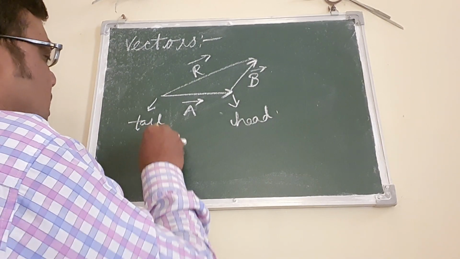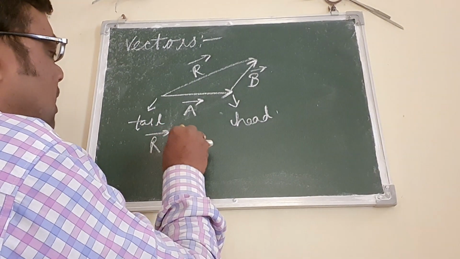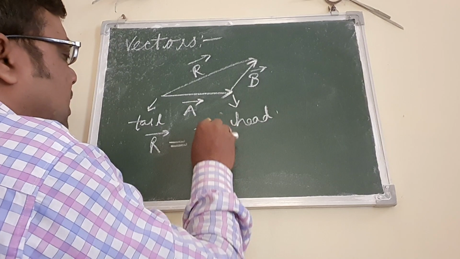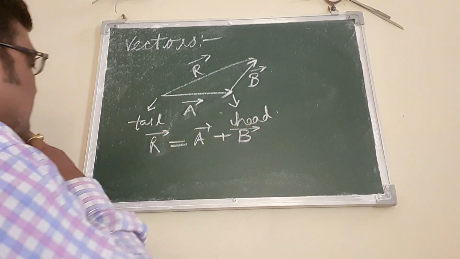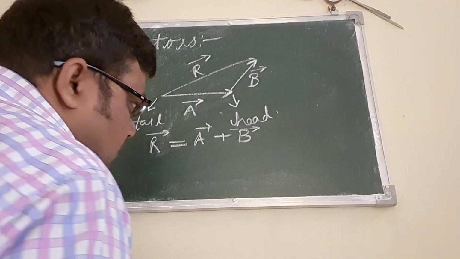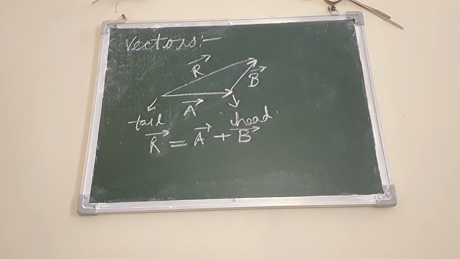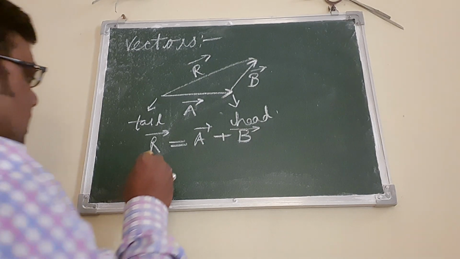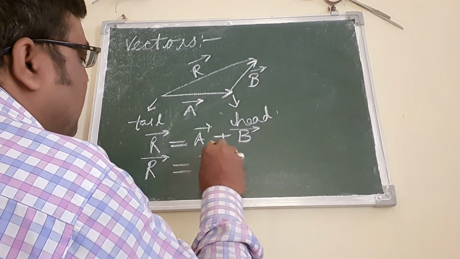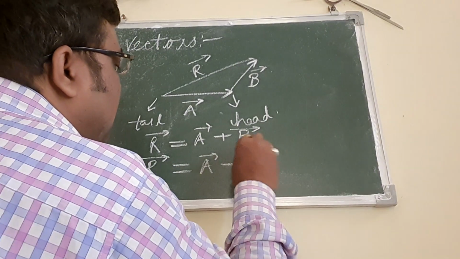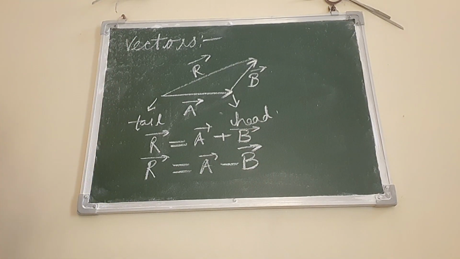So R is equal to A vector plus B vector. Now if it is in opposite direction, then R is equal to A vector minus B vector.